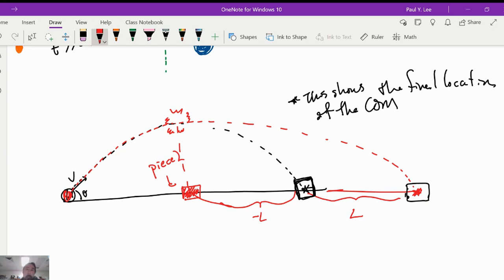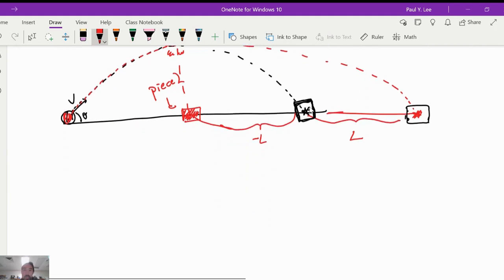Okay, so the approach to solving these problems is still the same. Locate the center of mass, and after the interaction happens, make sure the center of mass is right where it belongs, as if no explosions or no interactions happened. This problem can only change, right? Here we said that they had equal masses, but what if they did not?